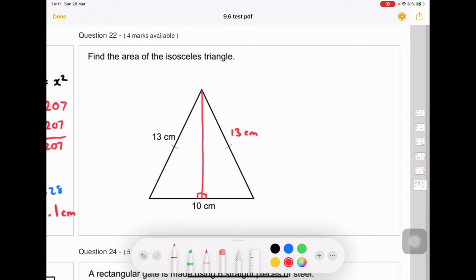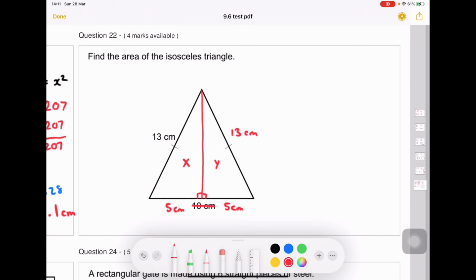Now we need to work out the height of these two right angle triangles. So let's call them X and Y. We need to work out the height. So let me cross this out here and write 5 centimeters here, 5 centimeters here.